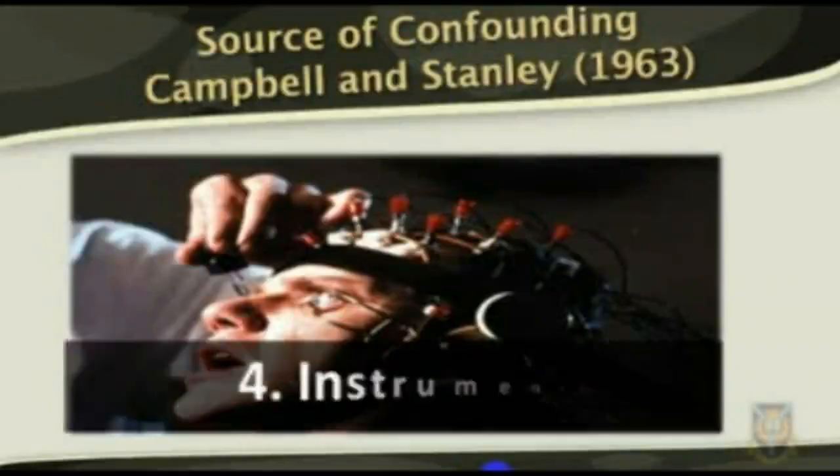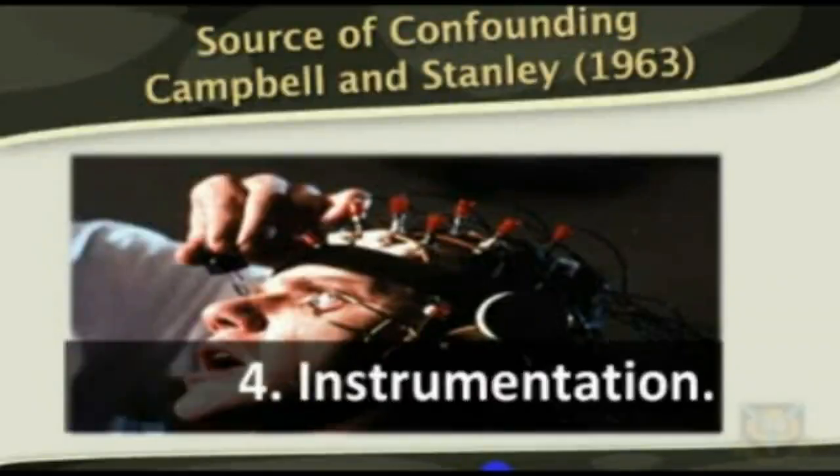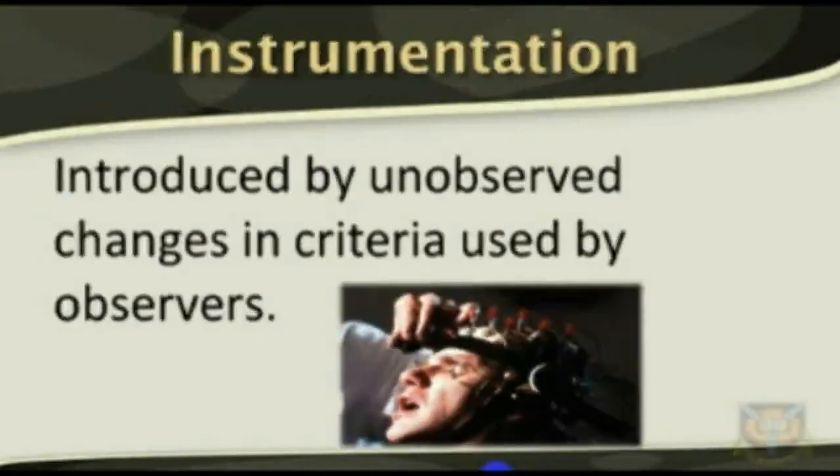4. Instrumentation. Here, confounding may be introduced by other unobserved changes in criteria used by observers. If observers change what counts as verbal aggression when scoring behavior under 2 experimental conditions, any apparent difference between those conditions in verbal aggression could be due as much to the changed criterion as to any effect of the independent variable.